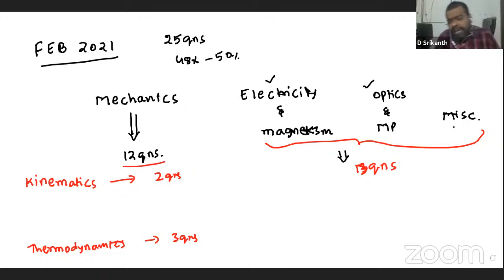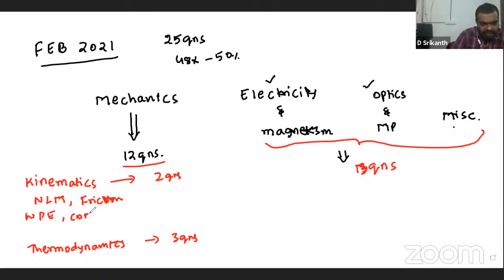In between, we have the topics which all come under dynamics. That is Newton's laws of motion, friction, work power energy, center of mass, circular motion, collisions, and then rotational motion.